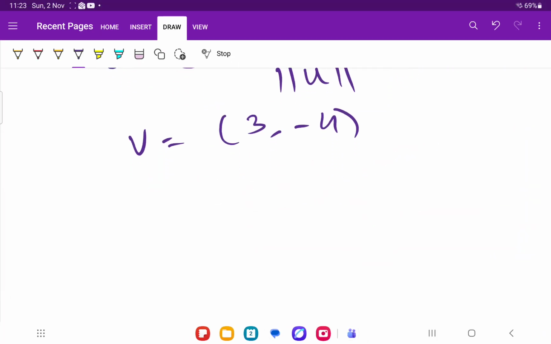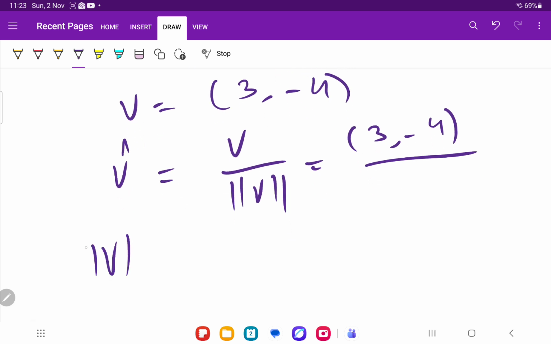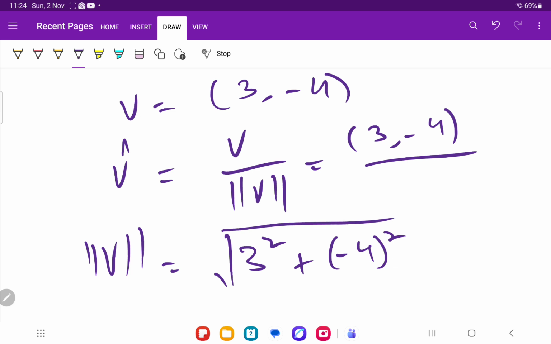So to find the direction vector of v, we simply write v hat is equal to v divided by the norm of v. So it means that v we have already, but we need to calculate the norm of v. So norm of v is the square root of 3 square plus minus 4 square, okay.